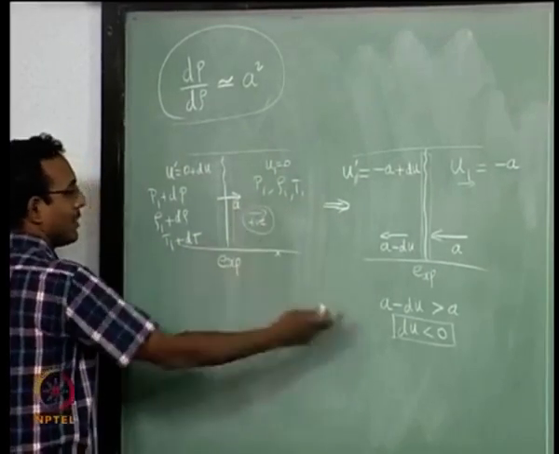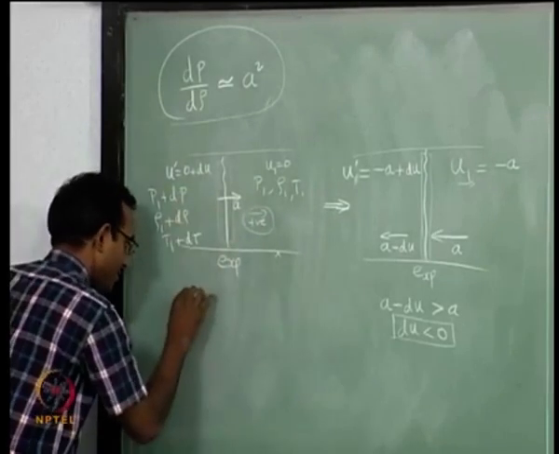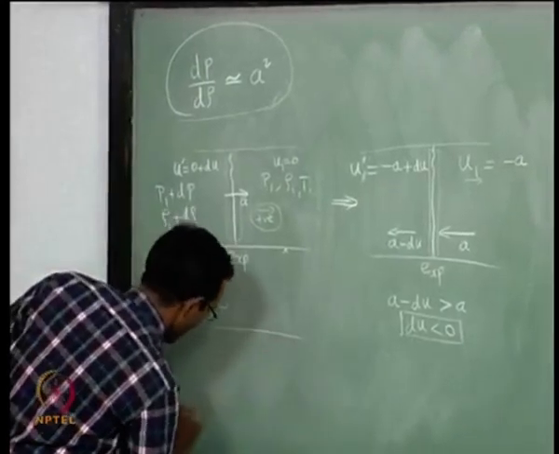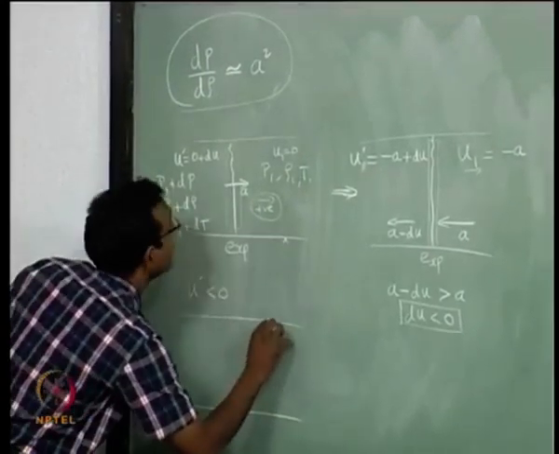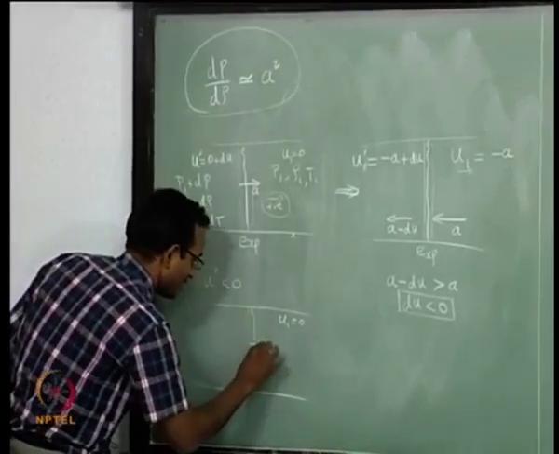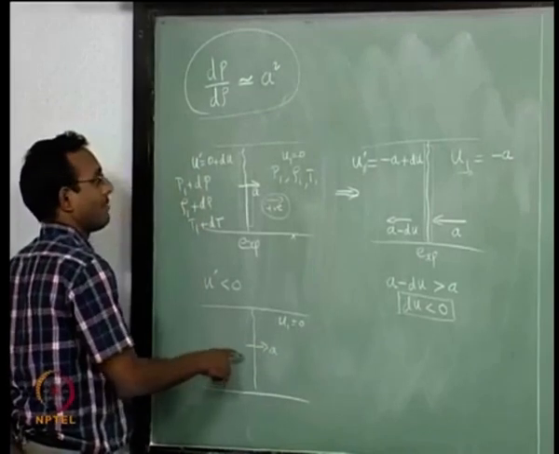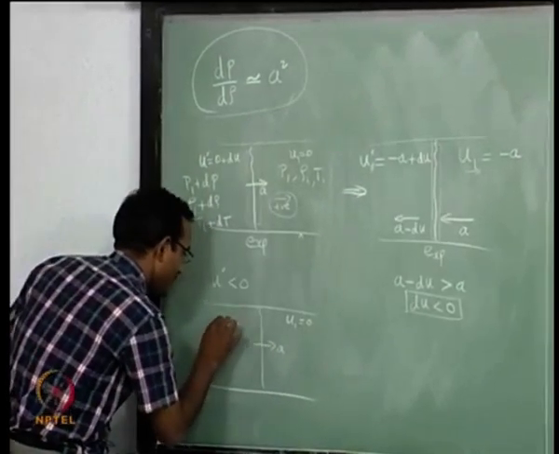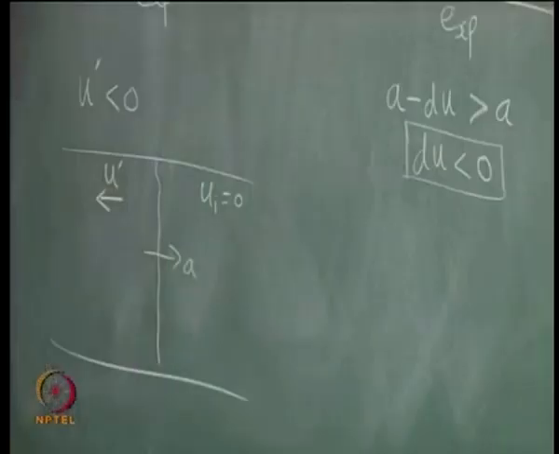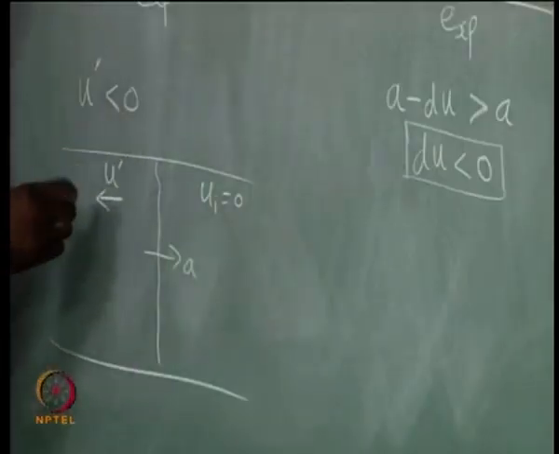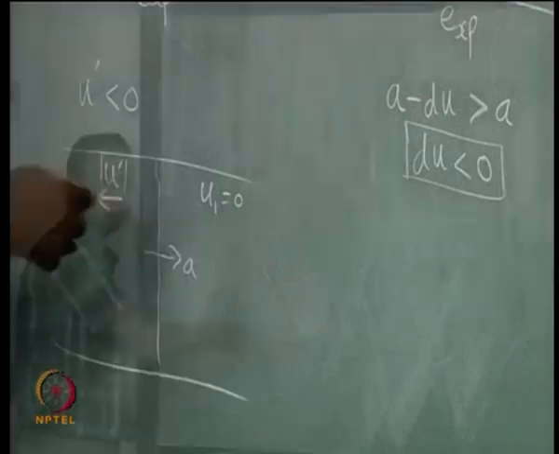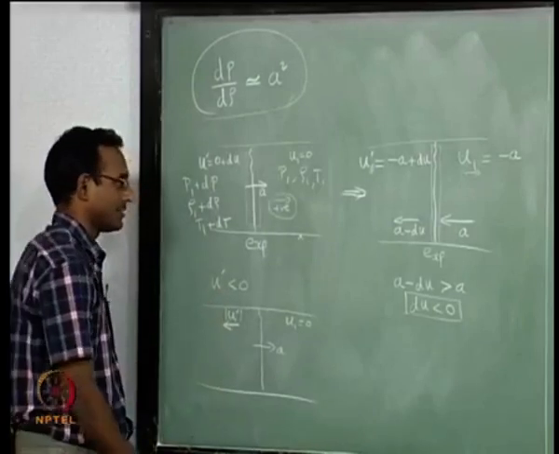If du is less than 0, I will put that in here, u prime is less than 0, which means I am having a flow with u1 equal to 0. I am having a wave traveling this way with a. What I am finding is there is a velocity induced this way finally, because u prime is less than 0. Now, I am using that convention, and now I will just put the magnitude here. The direction is already taken care of with this minus, less than 0.